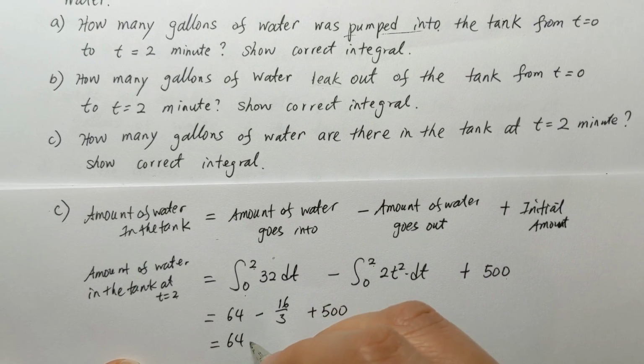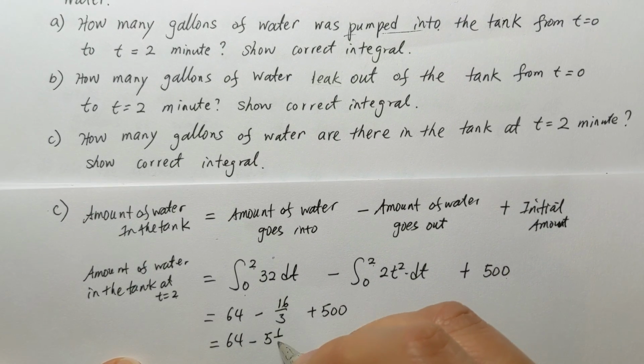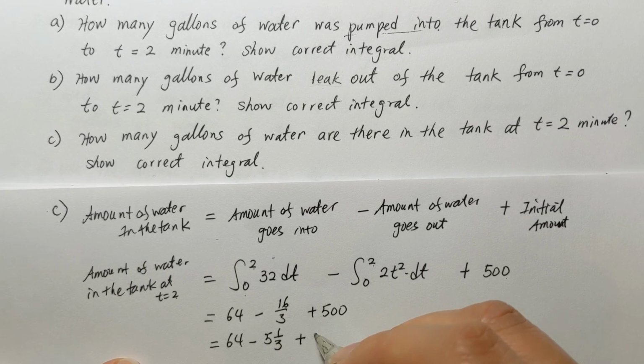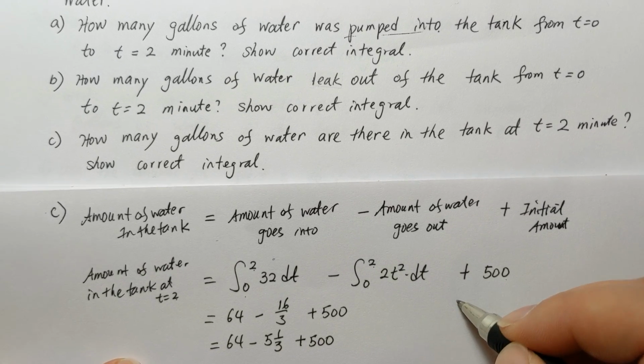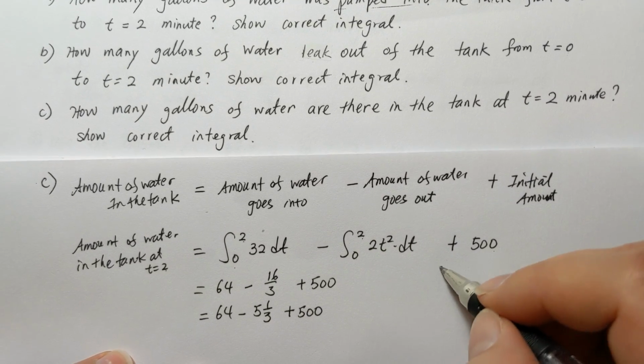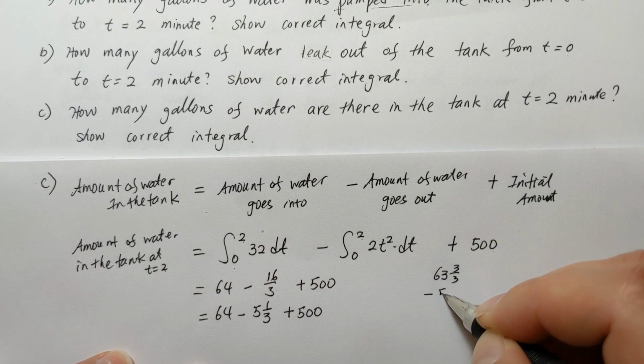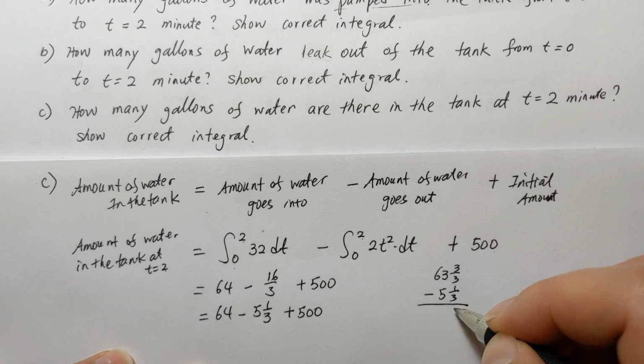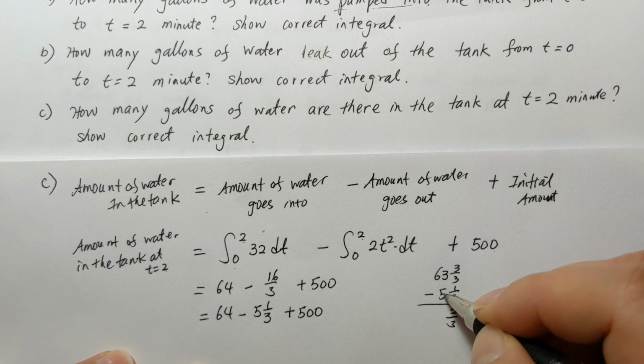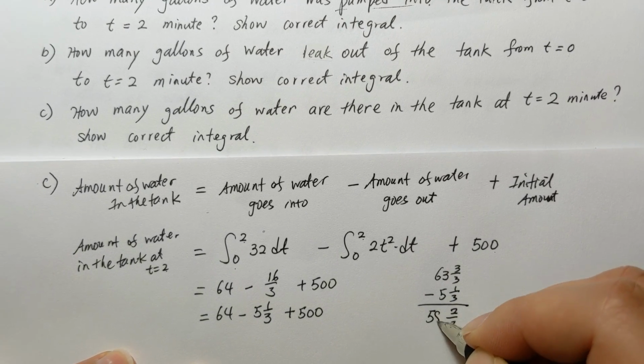So we got 64 minus 5 and 1/3 plus 500. You can do it by hand or by calculator. So we got 63 and 3 over 3 minus 5 and 1/3. So we got 2/3, 63 minus 5, you got 58.